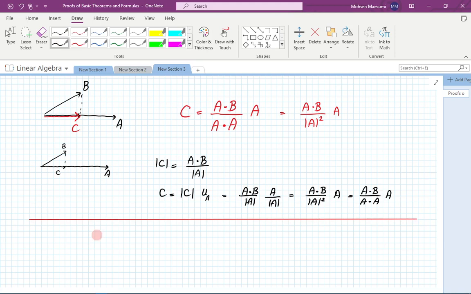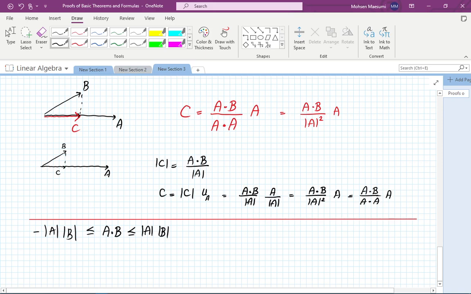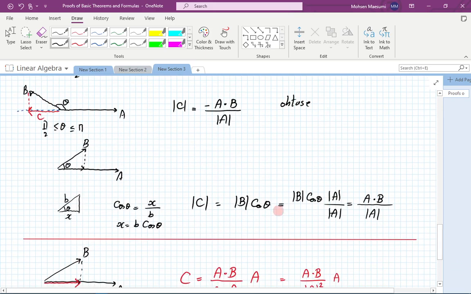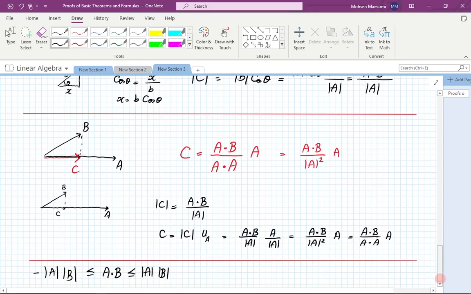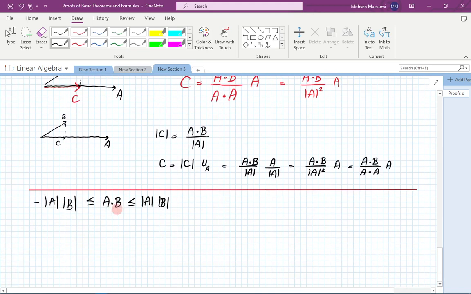The next statement that we made was the so-called Cauchy-Schwarz inequality, that A dot B is less than the norm of A times the norm of B, and that is more than the negative of the same thing. All that essentially boils down to the fact that cosine of theta is between 1 and -1, so the maximum you can have is the product of the lengths, and the minimum is the negative of that.